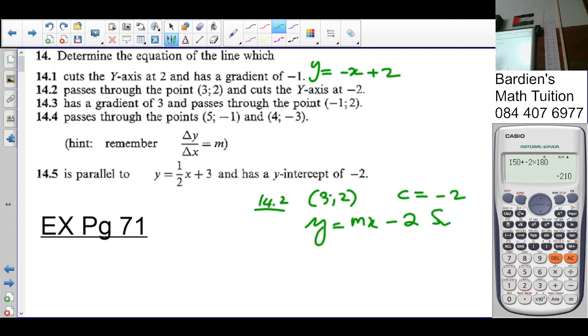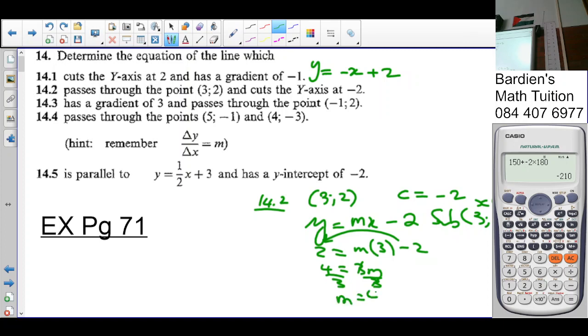So you substitute 3 and 2, it's an x and a y. 2 is equal to m times 3 minus 2. Take it over. That gives us 4 is equal to 3m. Divide by 3. M is equal to 4 over 3. So the equation they're looking for there is y is equal to 4 over 3 x minus 2. That is that graph there.